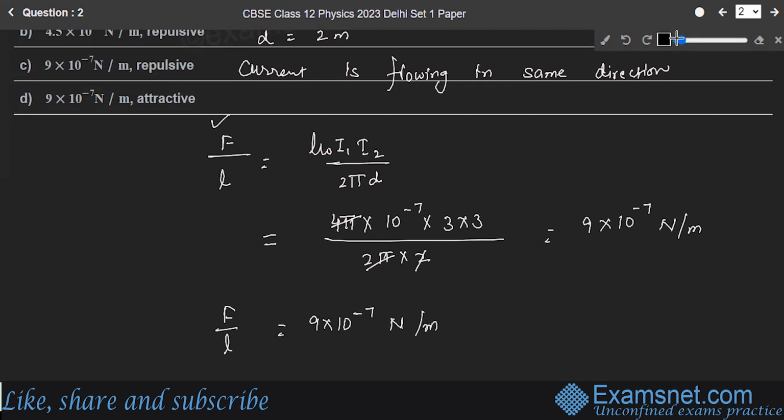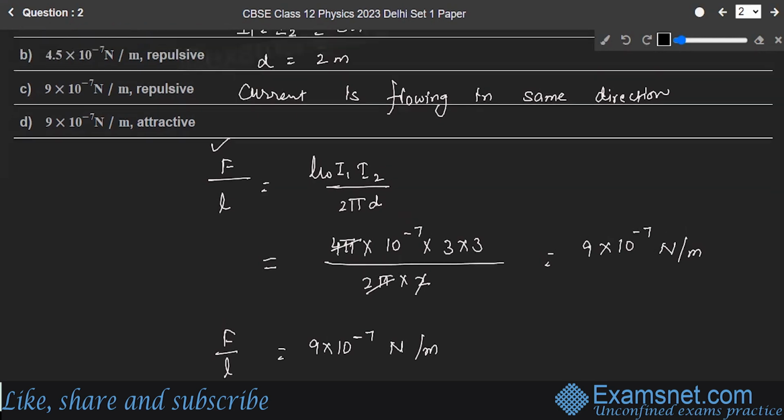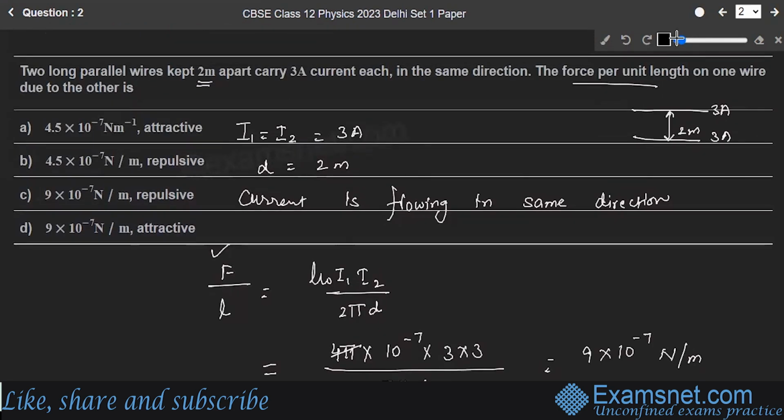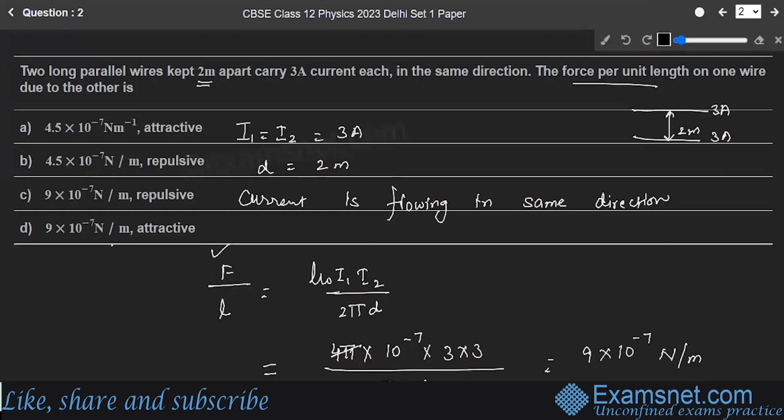Since the currents are in the same direction, the force will be attractive. Remember that. The correct answer is not given in the options above. Okay, yes, this is the one. Option D. This is the right answer. Hope you are clear with this, right? Next is question number 3.